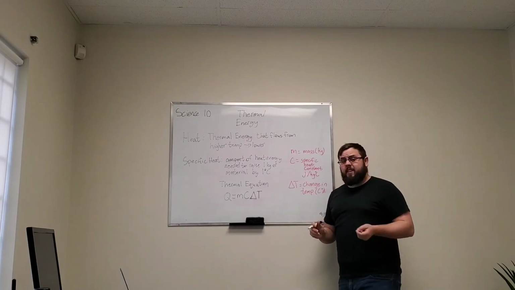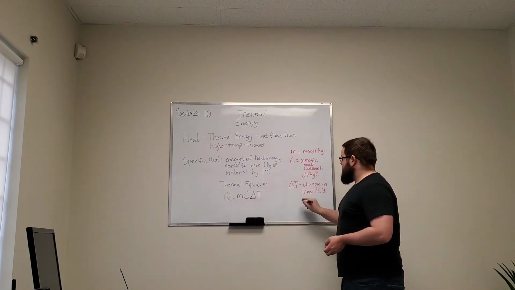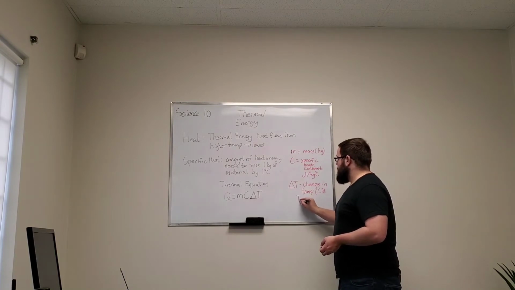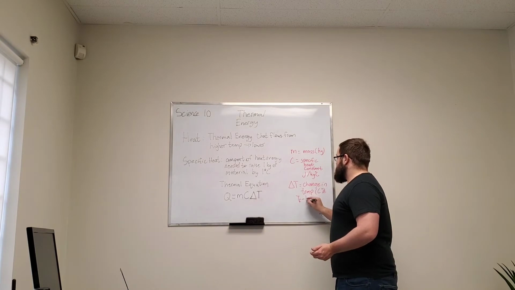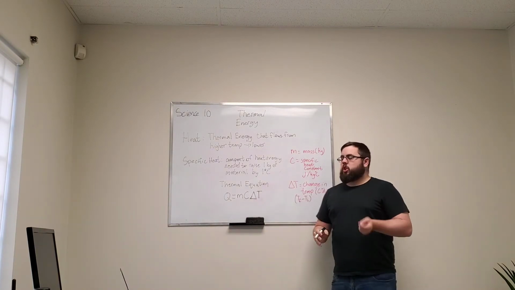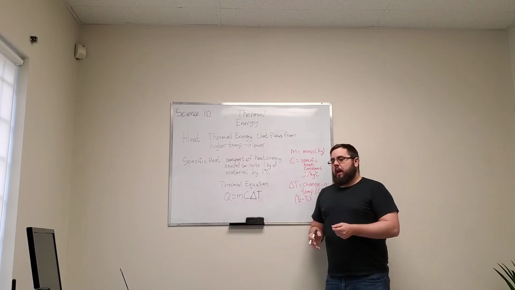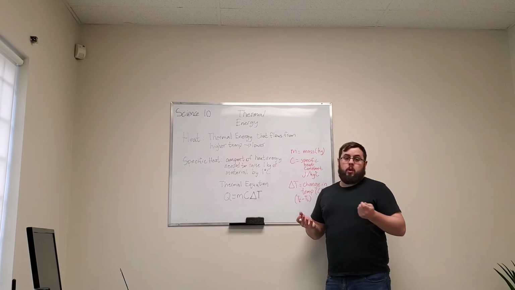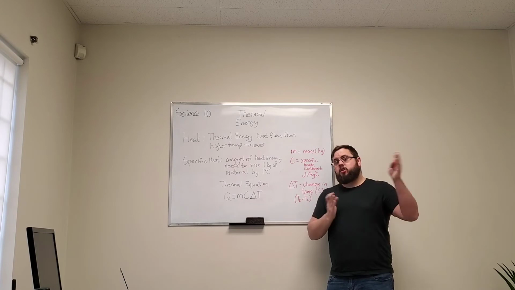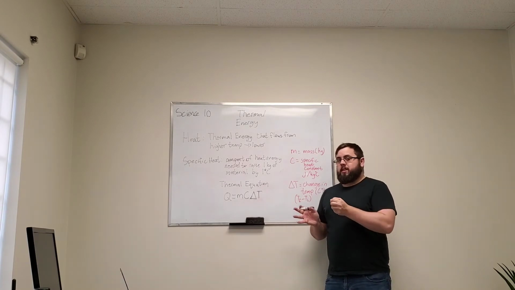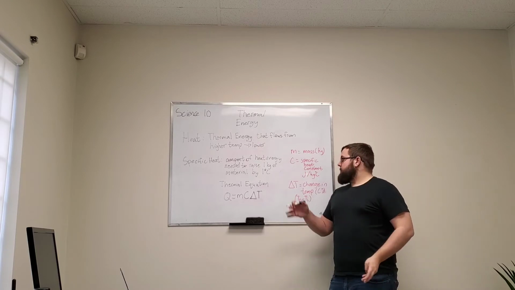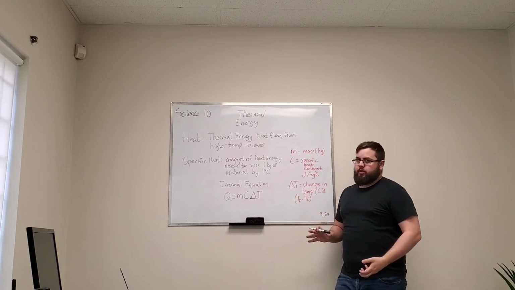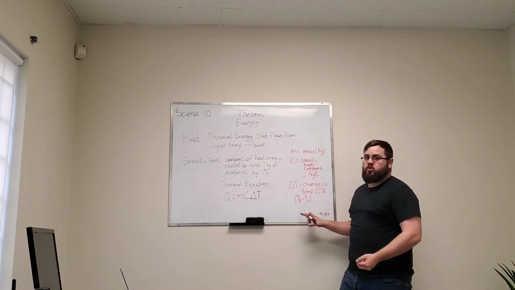And how do we find this change in temperature? We take our T final, whatever our final temperature is going to be, and we subtract it by what we're starting with. If you want to take water out of the tap and you want to boil it, whatever that change in temperature is, versus do you want to take ice cubes all the way up to boiling, there's going to be a much bigger change in temperature there. So delta T is the change in temperature.